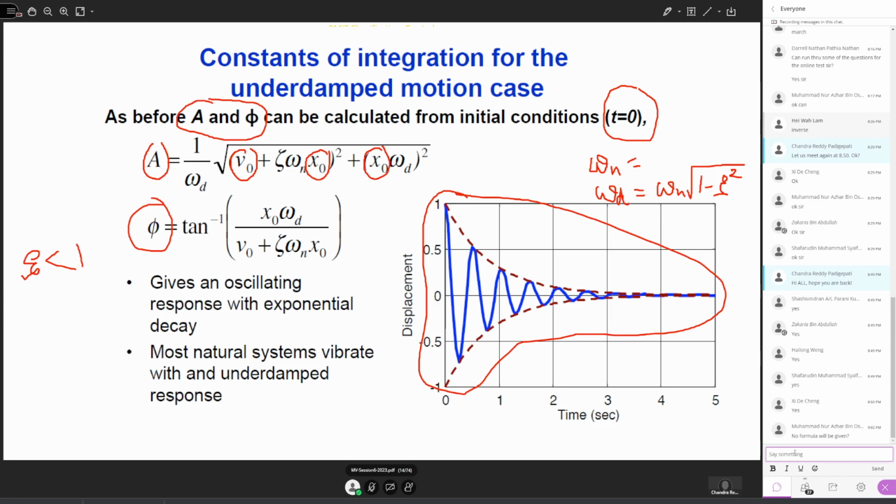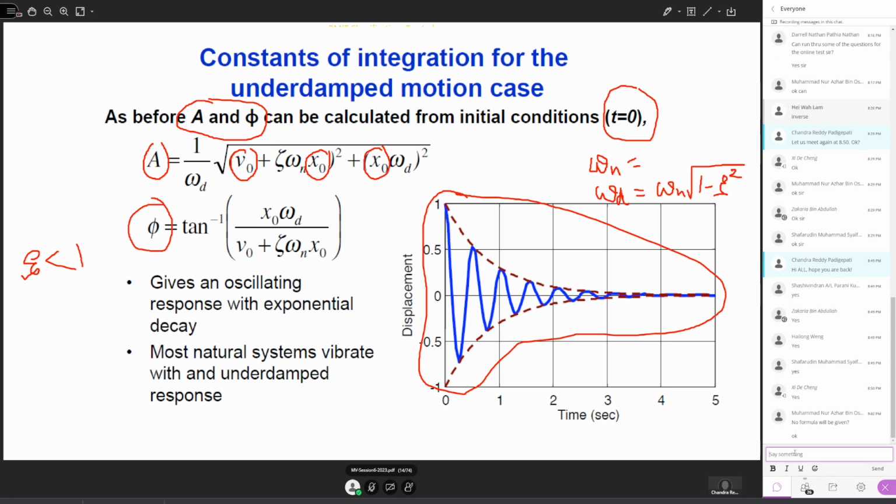Normally during the supervised exams, we will allow you to carry one A4 size formula sheet, handwritten, but now because of the online systems, you need to prepare your own formula sheet. For solid mechanics, yes, the formula sheet will be provided, but not for mechanical vibrations.